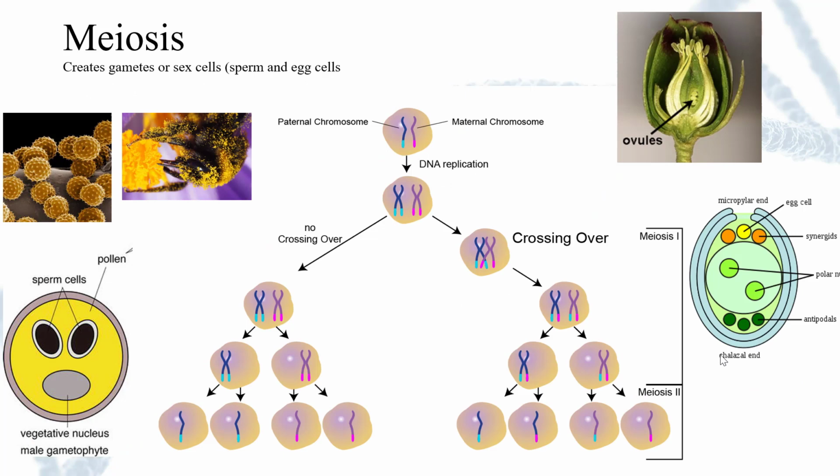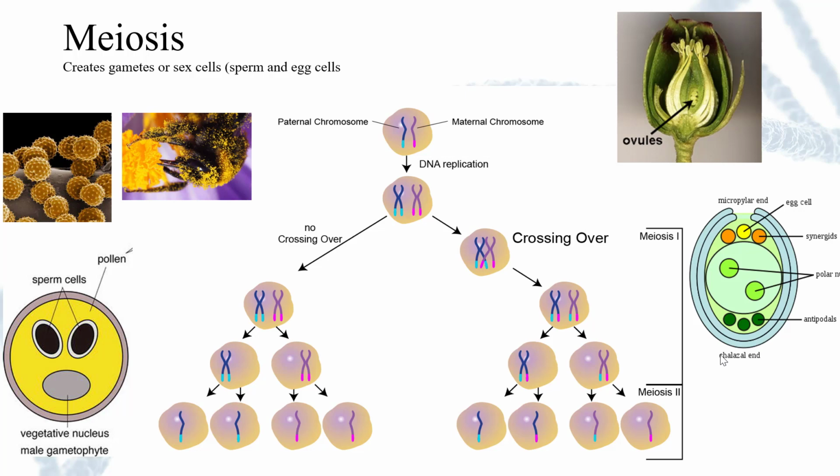Now, what is happening in sexual reproduction is that you are combining gametes or sex cells. I'm sure you've all seen this in other science courses. The process is that you are combining sperm and egg cells to create a zygote, and it's going to be a new organism that's going to grow.